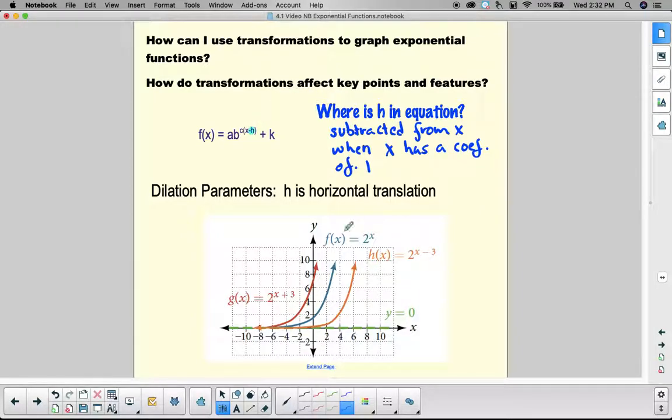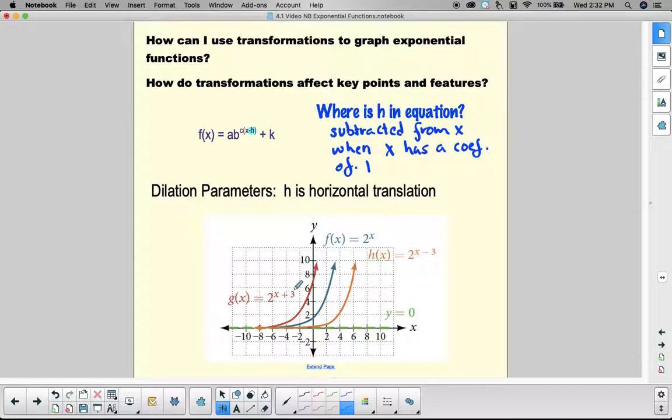Here f of x equals 2 to the power of x. If we subtract 3 from x in the exponent, that shifts the function 3 units to the right. Every single point on the function translates 3 to the right.